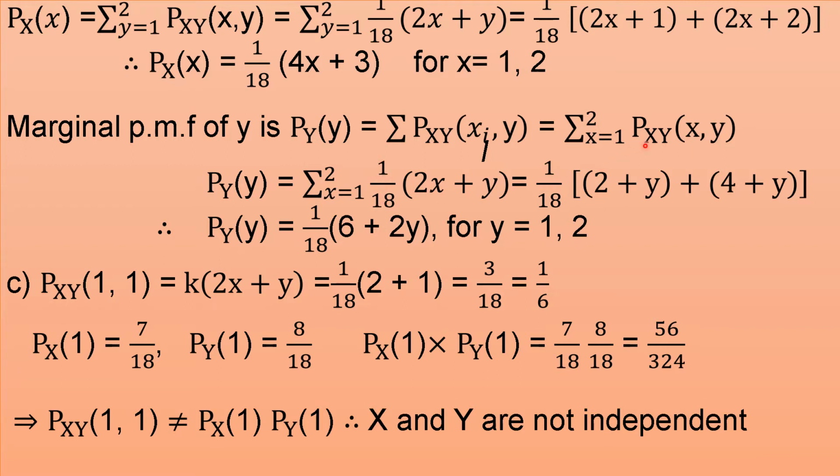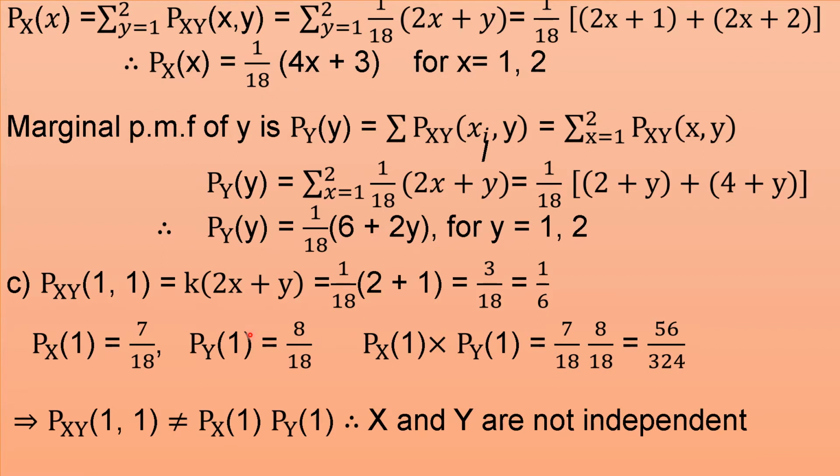So put in place of p_XY(x, y), 1 by 18 times (2x + y), where x is from 1 to 2. Keeping 1 by 18 outside the sigma symbol, now take the sum of 2x + y by putting x as 1 and x as 2. So 2 + y, then 4 + y. 1 by 18 times (6 + 2y), where y varies from 1 to 2. The discrete values of y are y equal to 1 and y equal to 2.